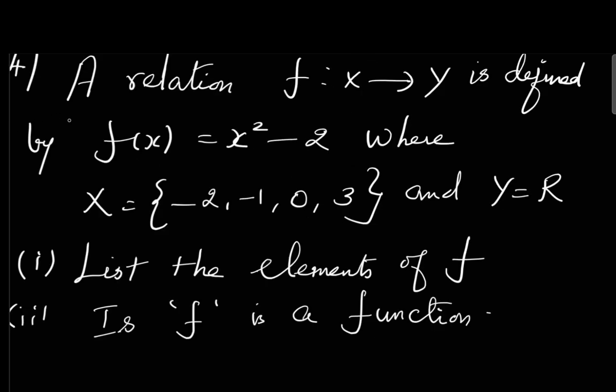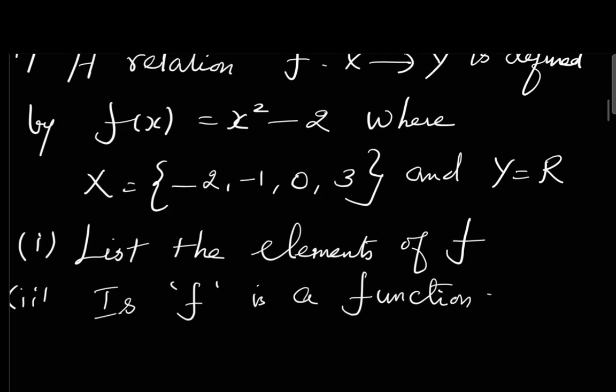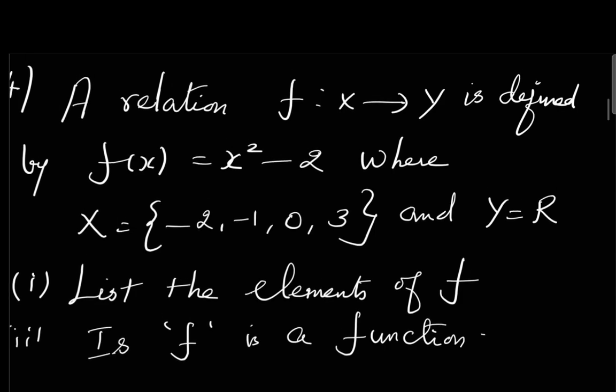Fourth sum. A relation f from X to Y is defined by f of x equal to x squared minus 2, where X contains the elements minus 2, minus 1, 0, 3 and Y is equal to R, that is Y is the set of real numbers. List the elements of f.